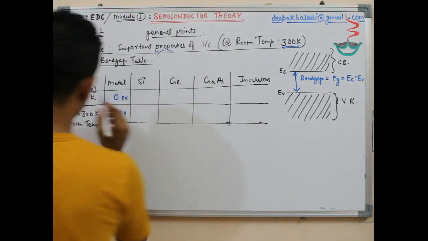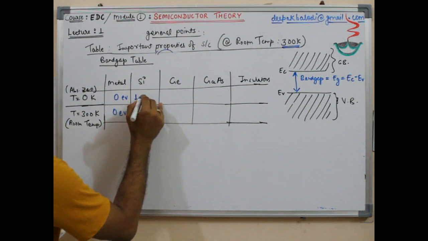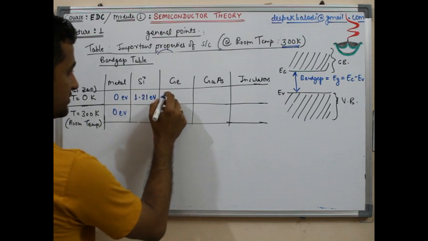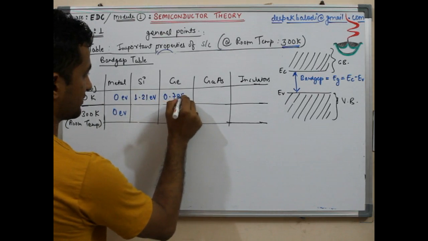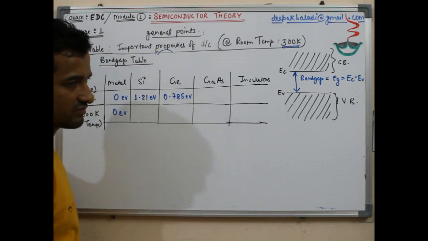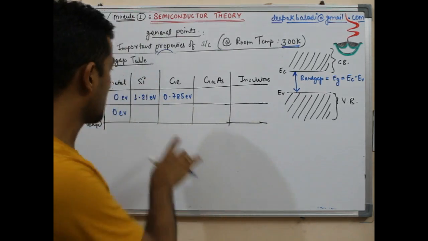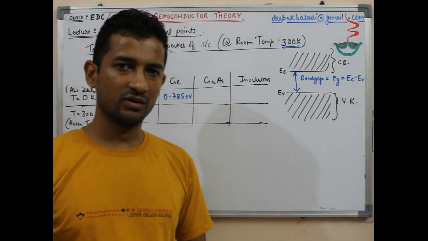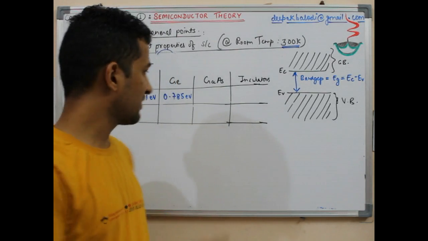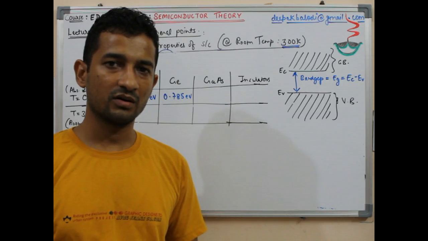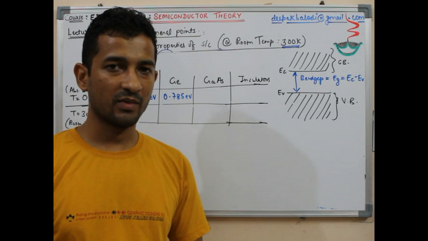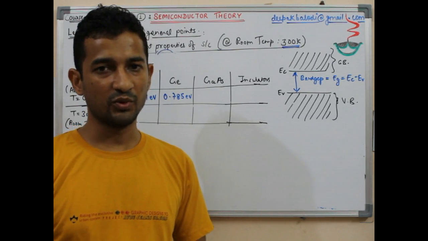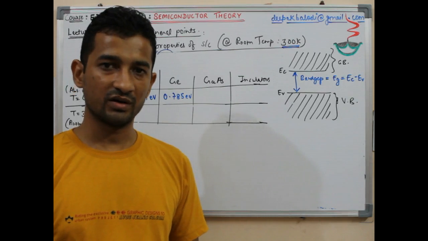For silicon we have seen the standard value is 1.21 electron volts. For germanium this is 0.785 electron volt. There may be some variations as per different literatures at the second or third decimal place, and that happens because the very accurate values depend on how the crystalline form of the semiconductor has been processed, how it has developed, how pure it is, its orientation, and a lot of things.